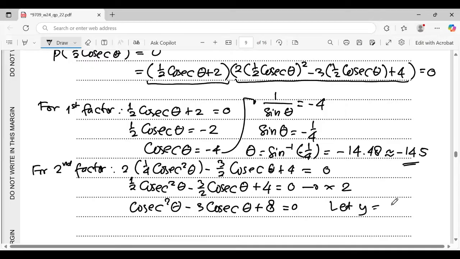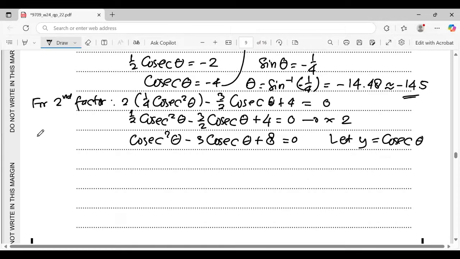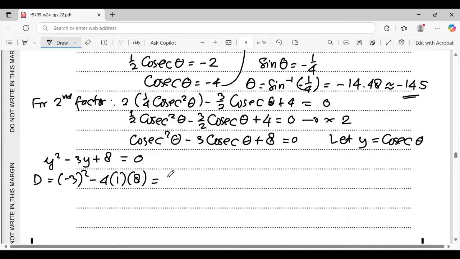Now let y equal cosecant theta. So this equation becomes y squared minus 3y plus 8 equals 0. By the discriminant, we check the roots: (minus 3) squared minus 4 times 1 times 8, which is 9 minus 32, minus 23, less than 0.